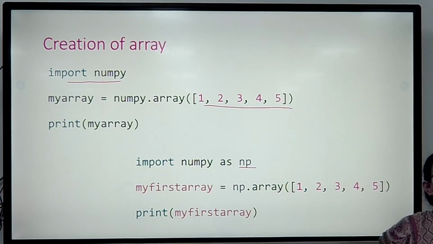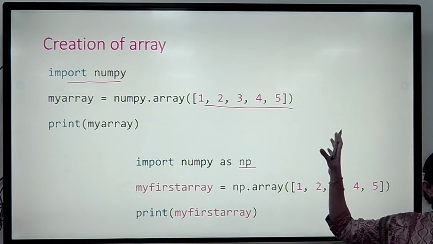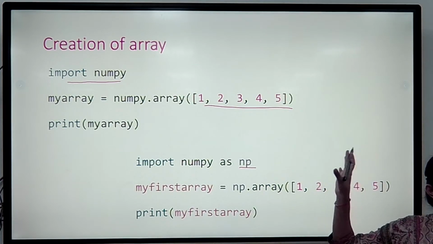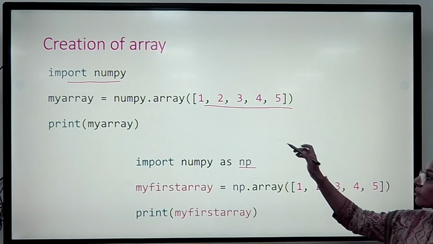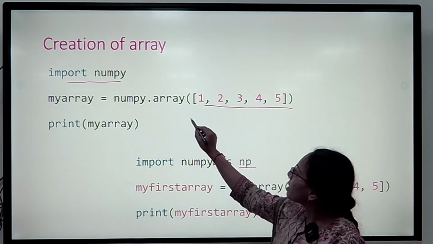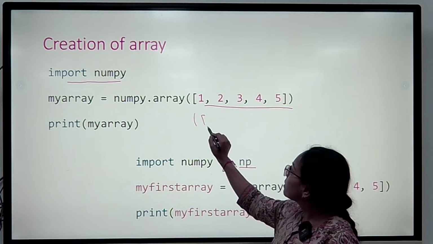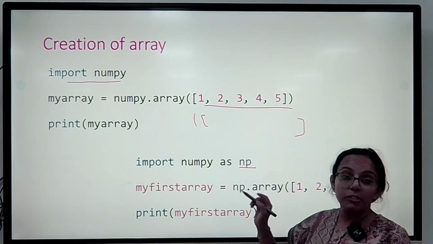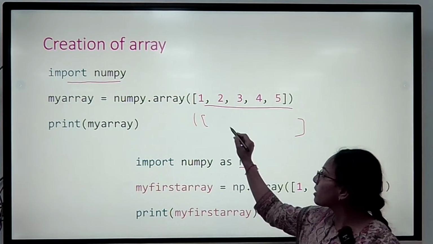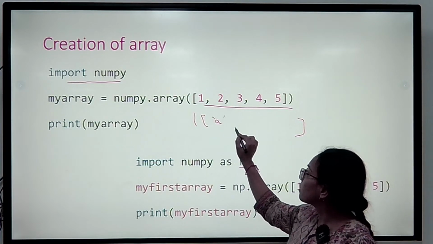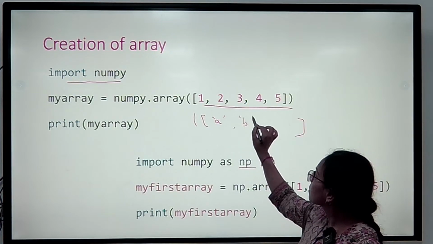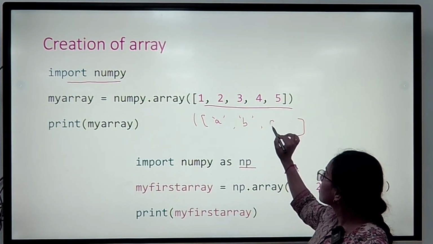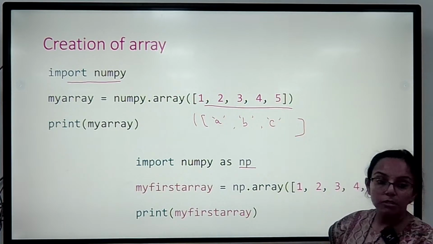This is only integer values. If I talk about strings, how can I write it? My first array would be in square brackets. Strings will be in single quotes, for example A, B, comma, C in single quotes, right?